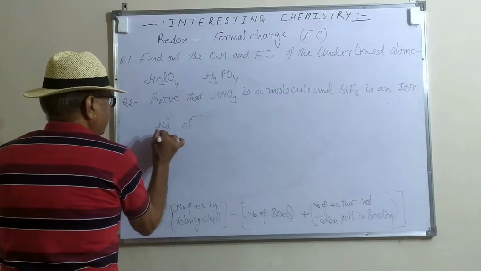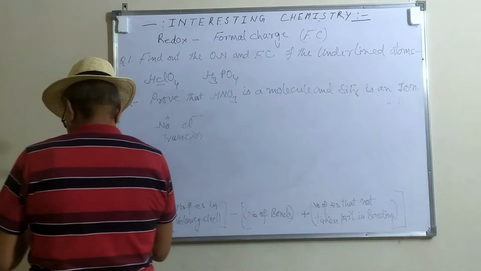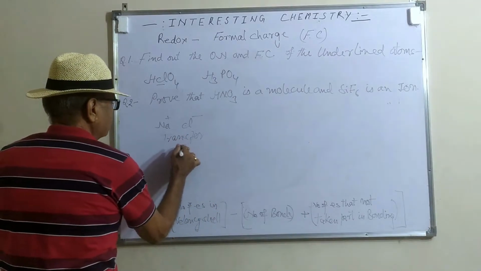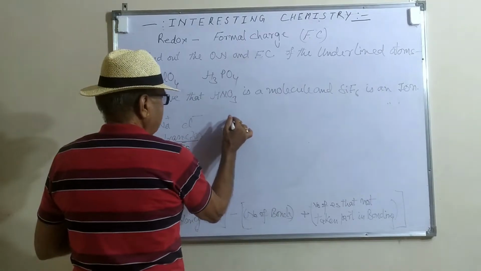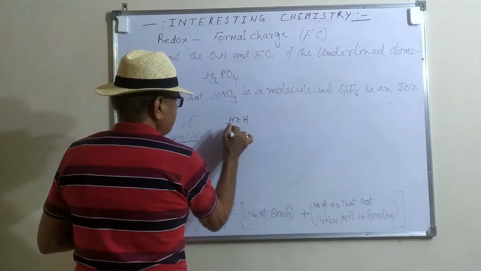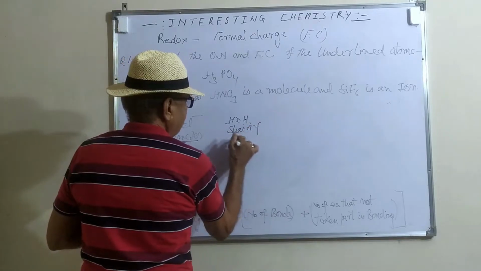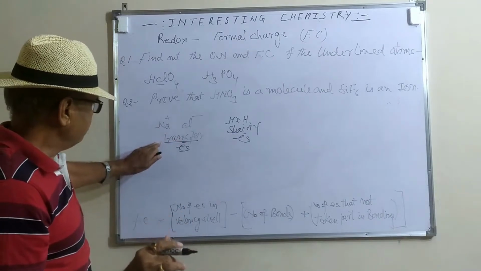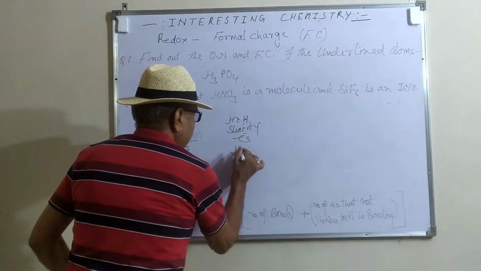It is a total transfer of electrons. And here in hydrogen and hydrogen, it is sharing of electrons. In ionic it is a complete transfer; here it is a sharing.